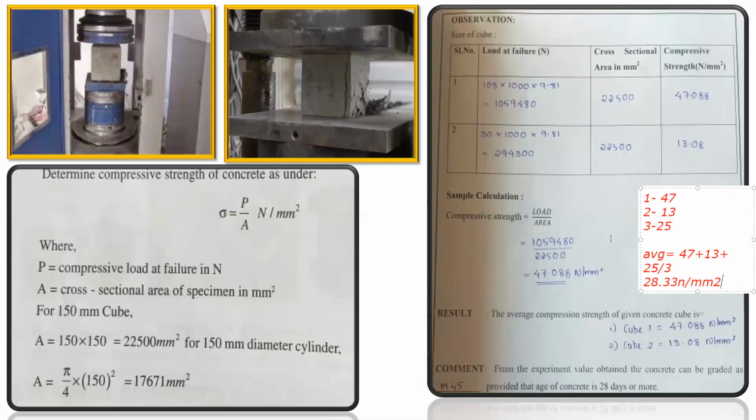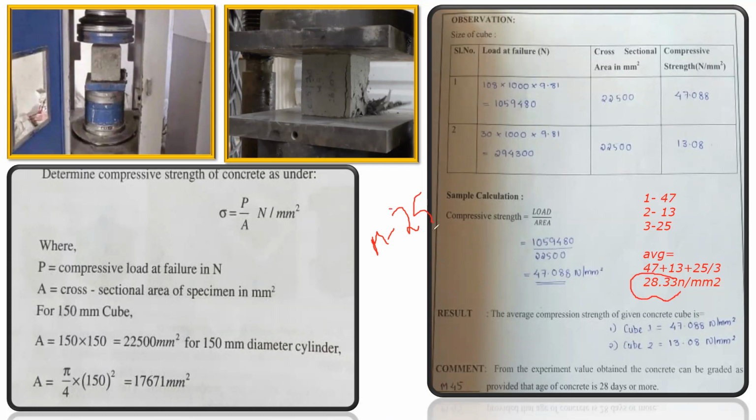Now I have to check for what grade my concrete was designed, right? Let us say I had designed this concrete for M25 grade. For M25, I had designed this concrete, and finally after testing I got the strength as 28.33, which is greater than 25. That means whatever testing I have done is correct.